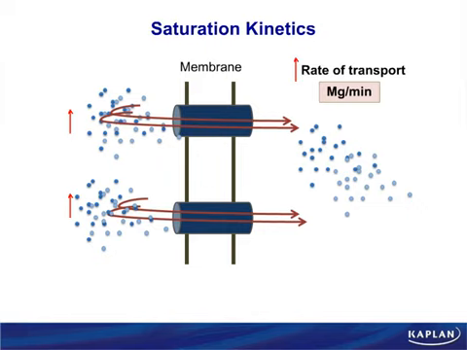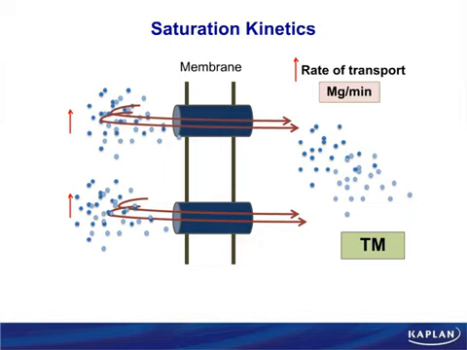This constant rate of transporting is known as transport maximum. Transport maximum is a very important concept to understand right now. Transport maximum is a constant rate of transport. This is a constant rate that occurs because the transporters become saturated.